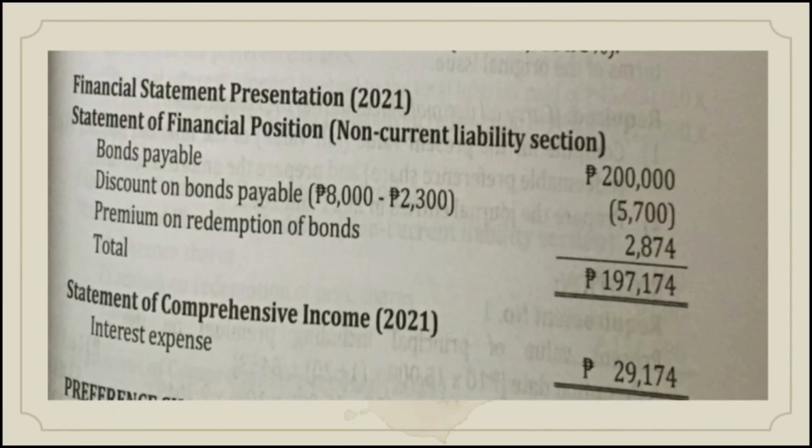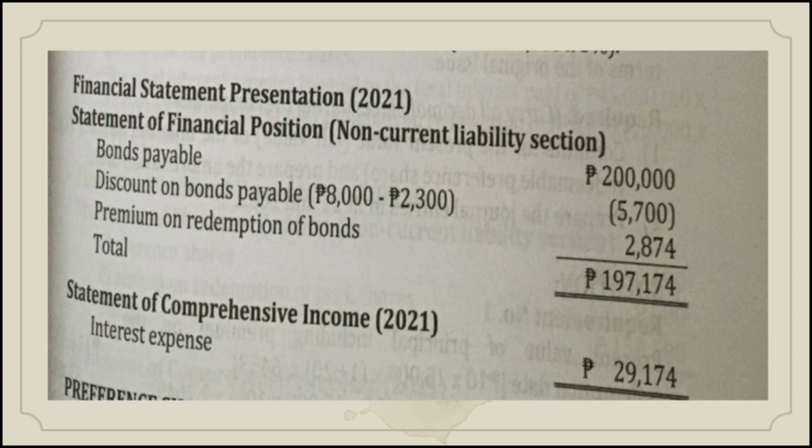So ang financial statement presentation sa 2021, so there is a financial position, non-current liability section, na kay bonds payable nga 200,000, na kay discount sa bonds payable nga 5,700, gikan ni siya sa 8,000 nga discount pagka January 2021, and then minusan nimo og 2,300 kay naka-discount on bonds payable diri pagka December 31, 2021.